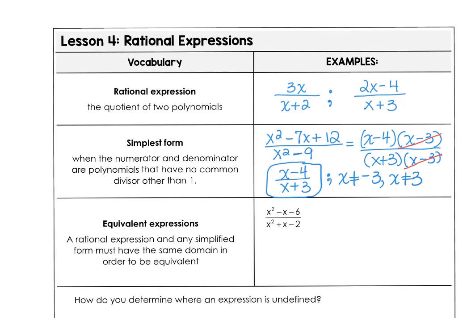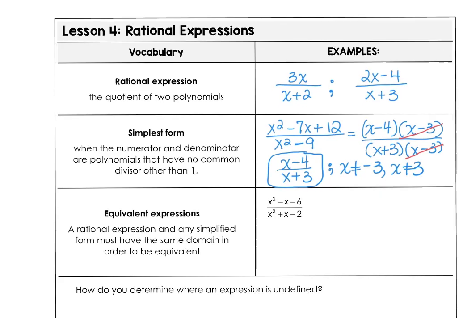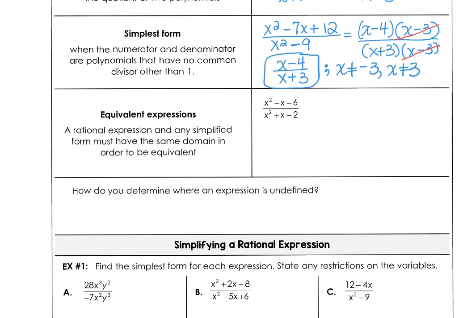in the original problem. In this final example, an equivalent expression is, similar to the simplest form, when we can factor the numerator and denominator separately and remove any common factors and then state the domain restrictions.